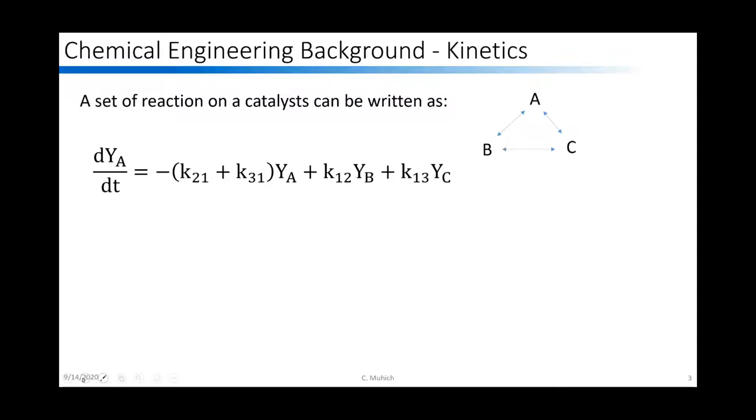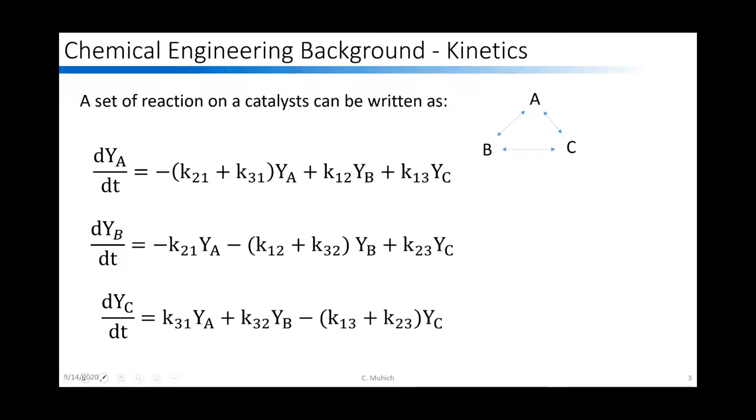This system could then be written out in terms of the rates of the individual reactions. The rate of change of the concentration of species A could be written as follows, where we have negative the reaction rate constant of A going to B, plus the rate constant of A going to C, plus the rate of B going to A, so K12, times the concentration of B, plus the rate of C going to A times the concentration of C. And we can do this for multiple different equations, right?